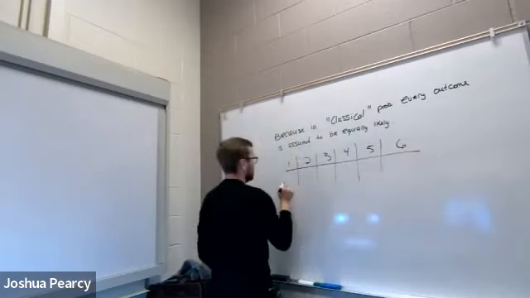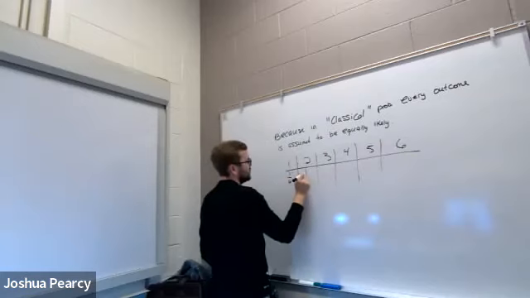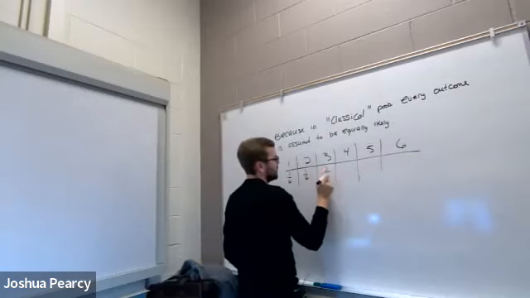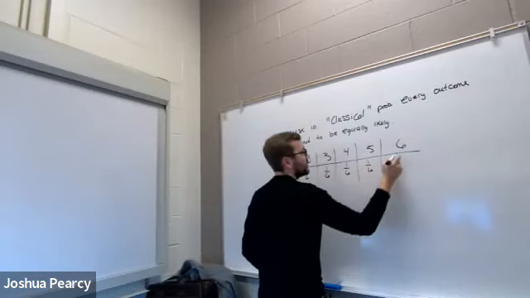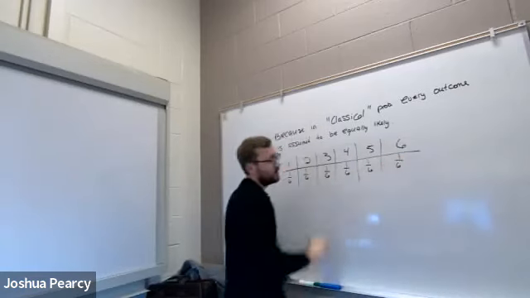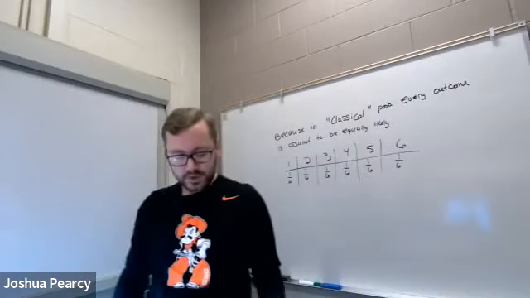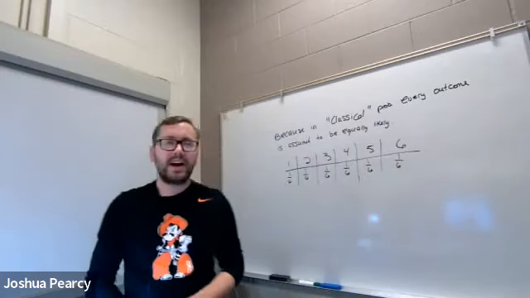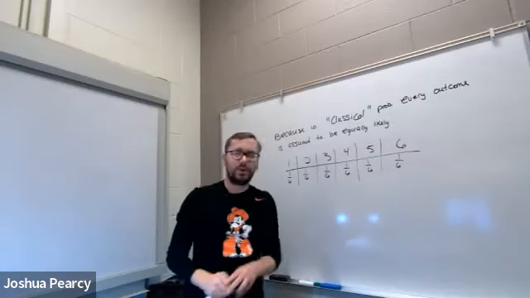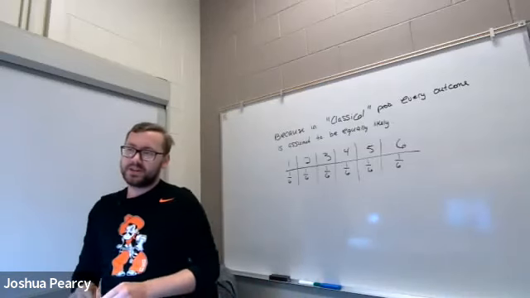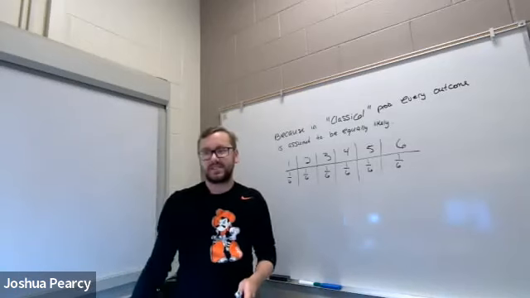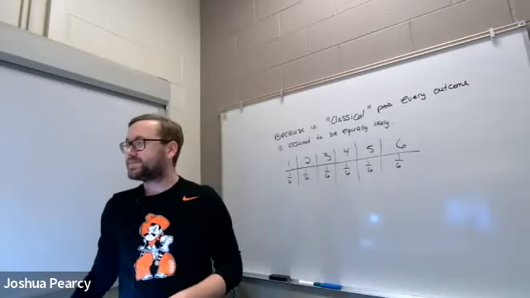So it would be 1/6, 1/6, 1/6, 1/6, 1/6, and another 1/6. If I add up all of these probabilities, what do I get? 1/6 times 6 is 6/6 or 1.